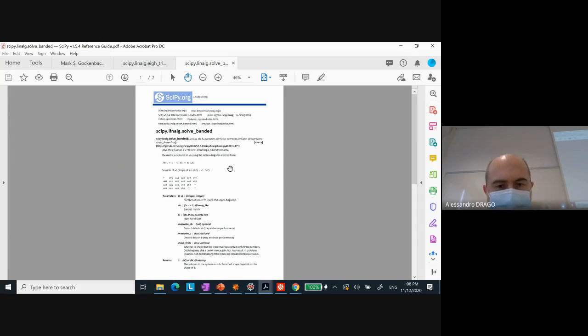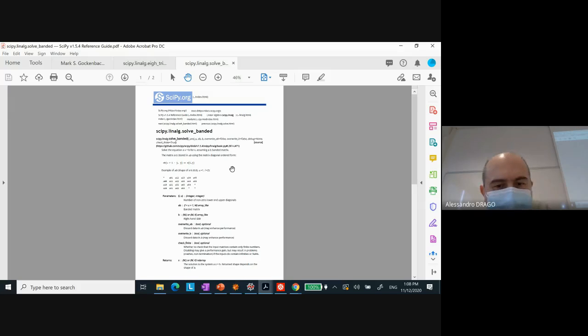Okay, how does it work? There is a first step that one has to rewrite the matrix in a specific way, so that instead of having the diagonals different from 0 going from up left to down right, it is written in this way. Okay, one has to do that.